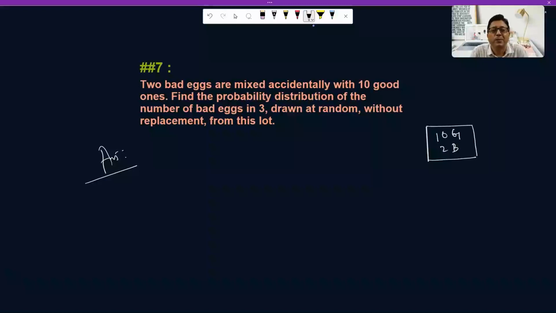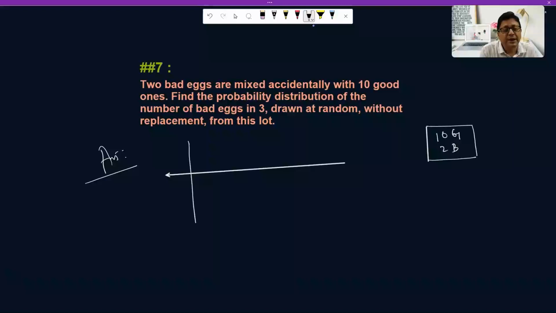You are taking 3. Sampling of 3 is being done. Then the probability distribution of number of bad eggs.